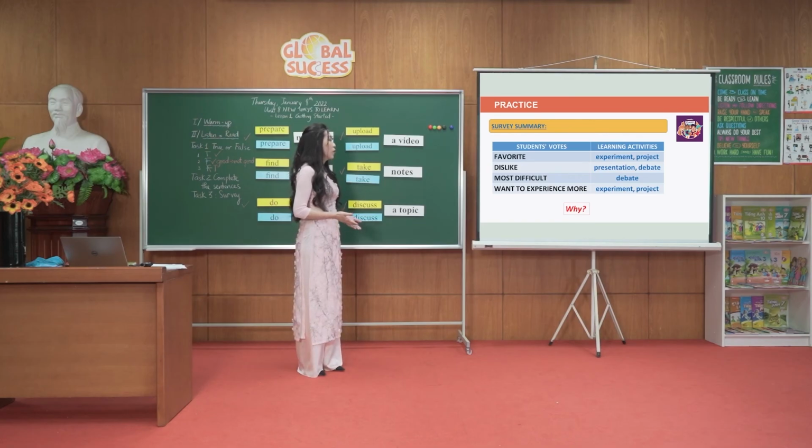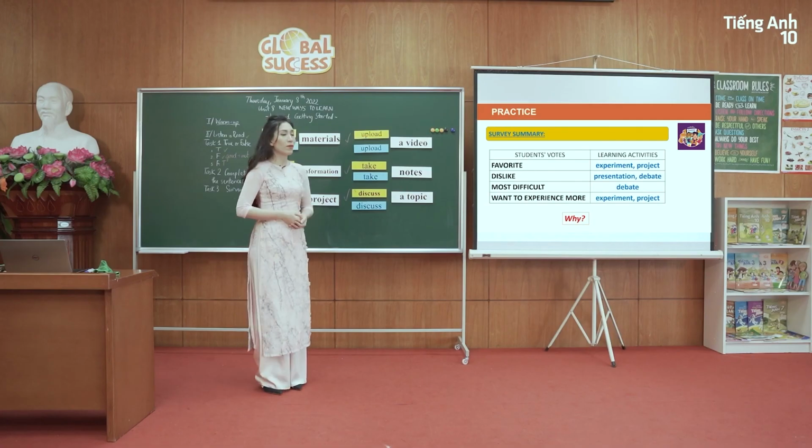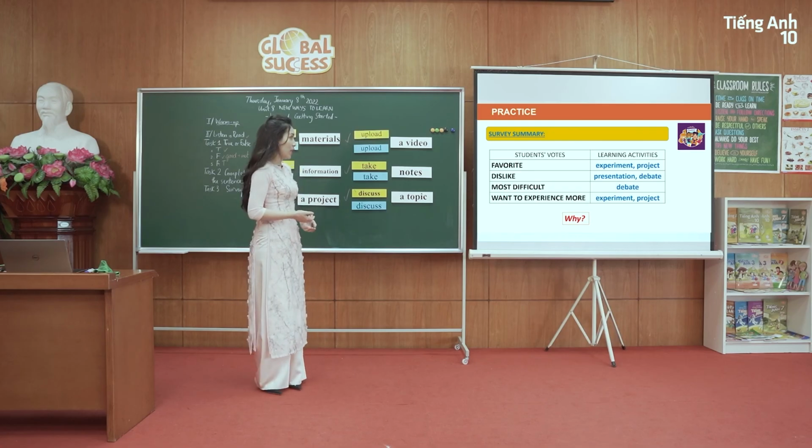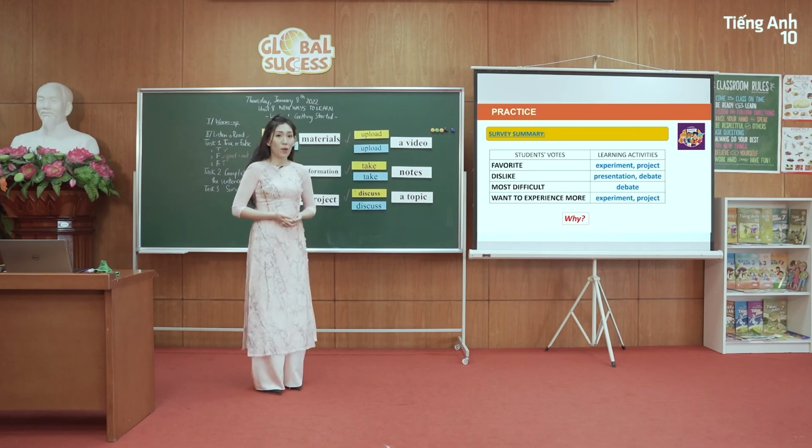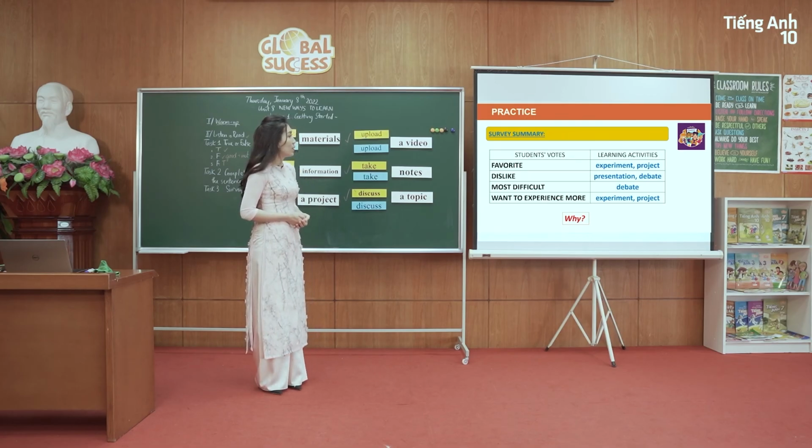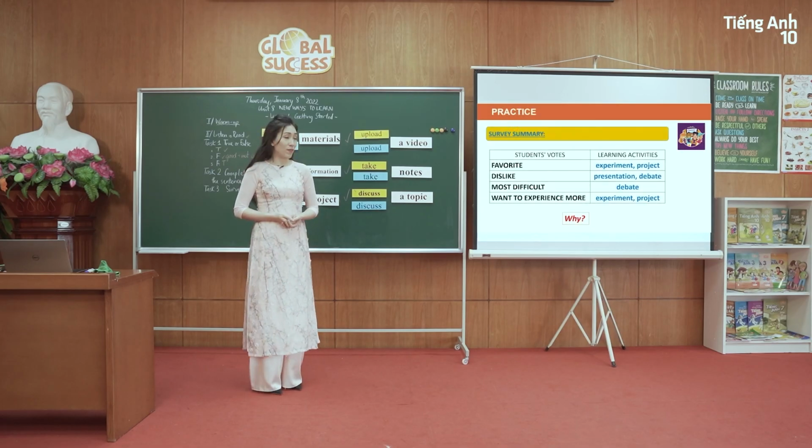And the most difficult activity for you guys is debate. And the activities that you want to experience more in class are experiment and project. Based on the survey summary, now we will discuss more about your opinions on this learning activity and why you like this learning activity.